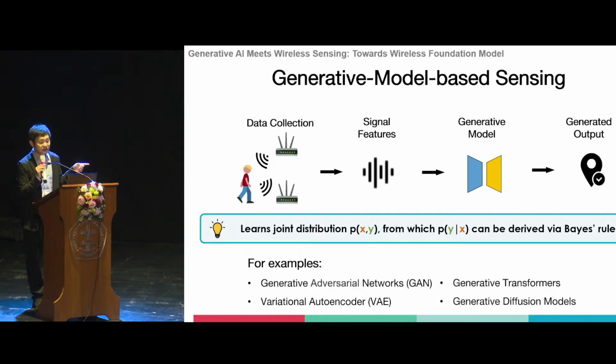Here it can replace the traditional discriminative models. For example, we can train a conditional generative model that takes a signal sequence as input and directly generates a trajectory or a status sequence for localization, tracking, and sensing tasks.